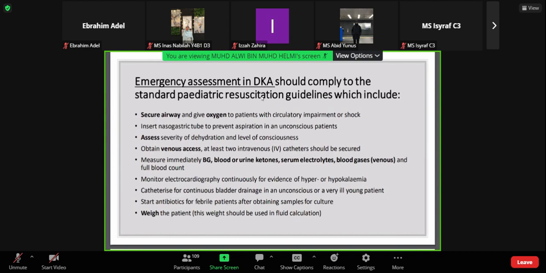Okay, you have to monitor ECG, continuous cardiac monitoring. And then if need be, definitely you won't allow the child to walk around, so you need to insert a catheter, and then start antibiotic if the child has fever. Okay, and then you need to weigh the child. Use the dry weight, and use this for fluid calculation.